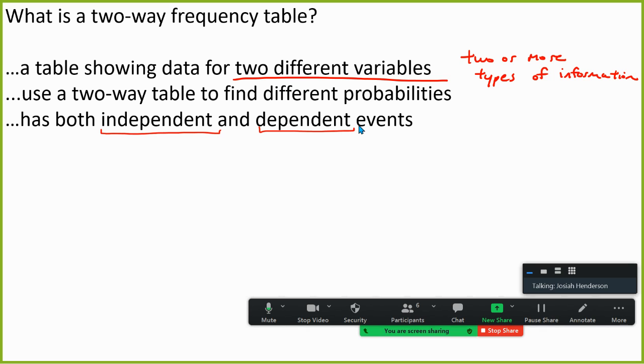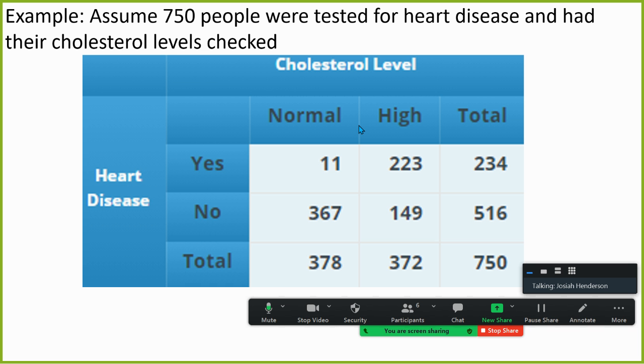So let's look at our first one, and we'll try some practice questions for our first two-way frequency table. So here's our first table. Assume that 750 people were tested for heart disease and had their cholesterol levels checked. Those are the two variables.